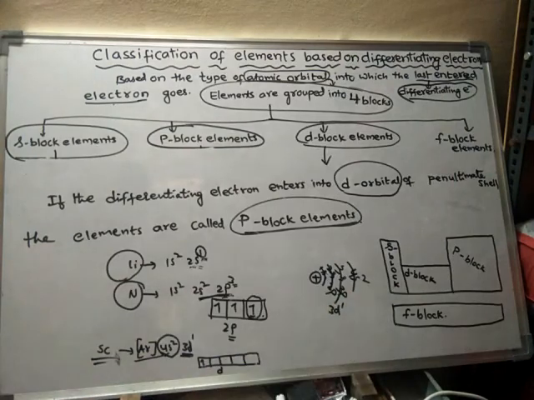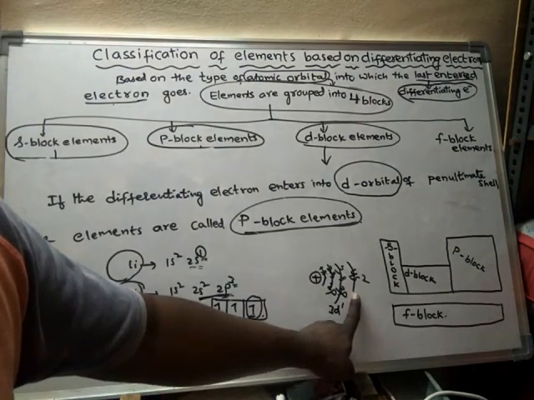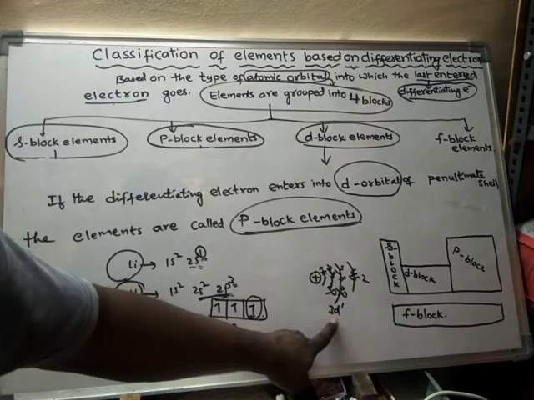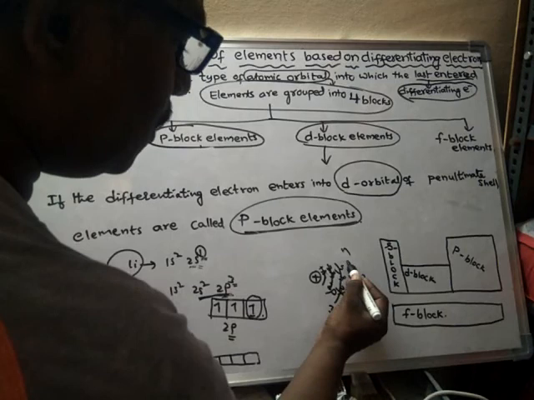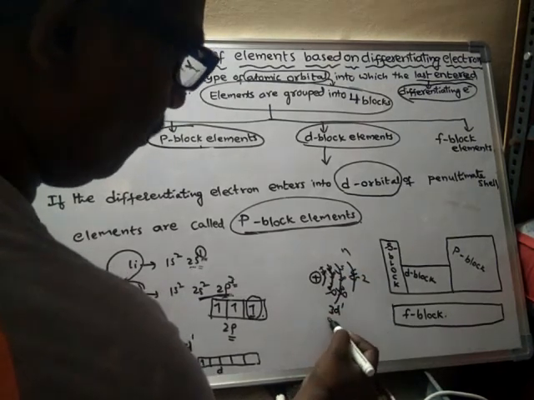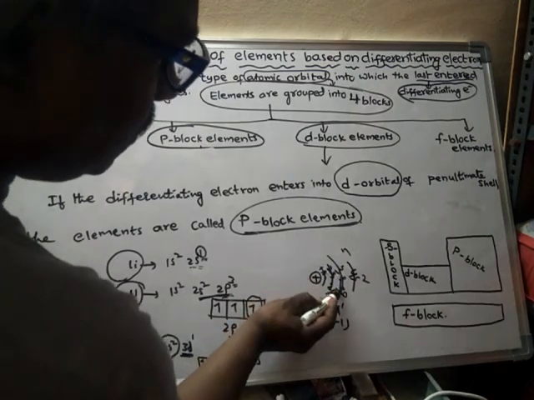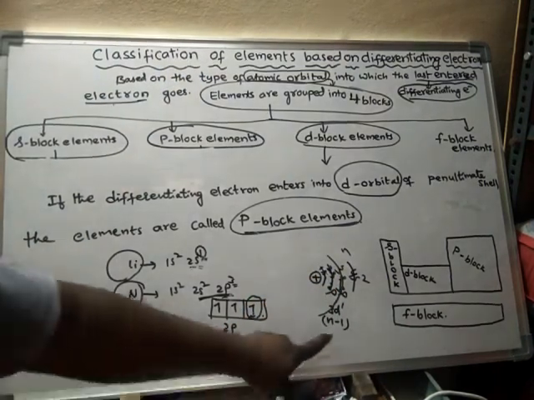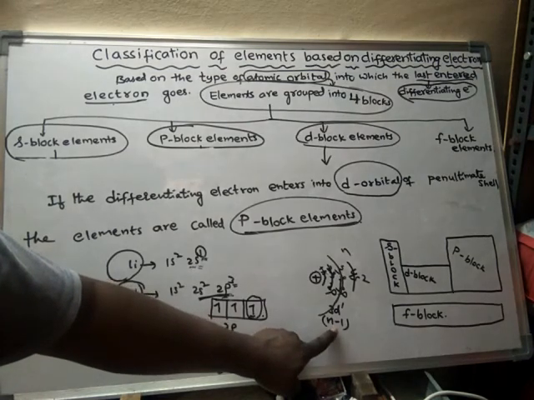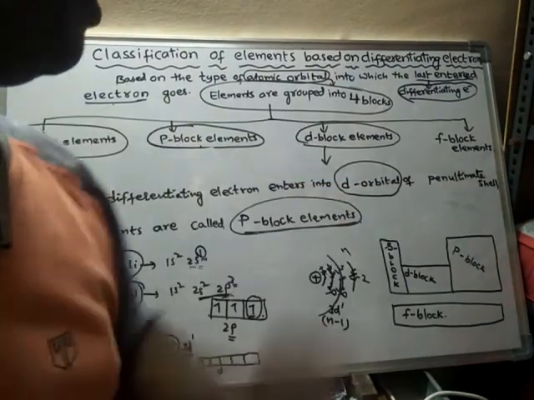After 4s. So look here, this is the last orbit, but this is the last but one orbit. Suppose this is the nth orbit, then this one will be the n-1 orbit. The n-1 orbit is also called the penultimate orbit or penultimate shell.